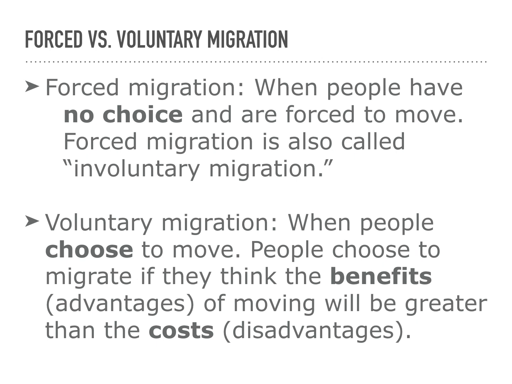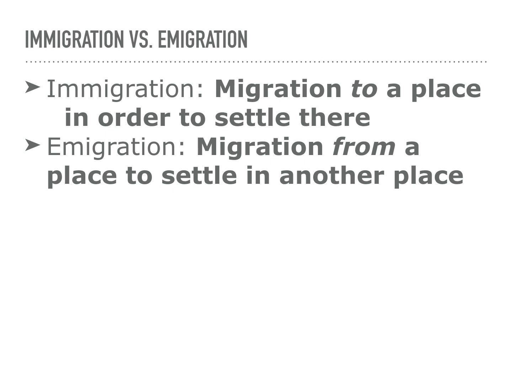Then you have voluntary migration, where they choose to leave the place because they think that the new place has more benefits than the old place, where they have disadvantages. So there are two words that obviously sound very similar: immigration and emigration.